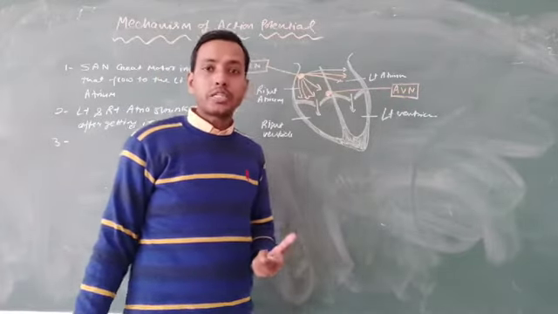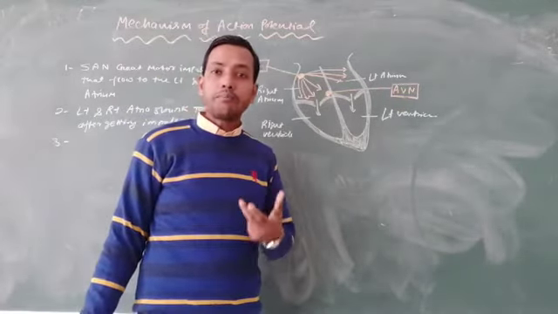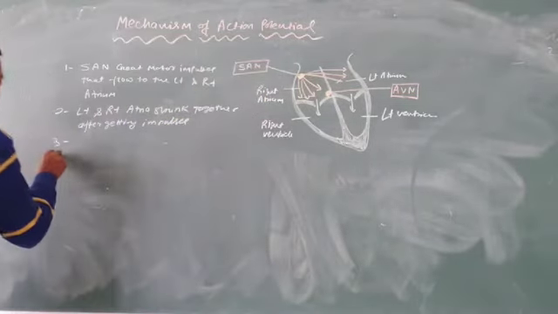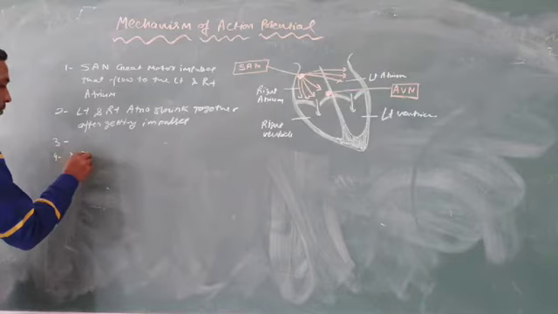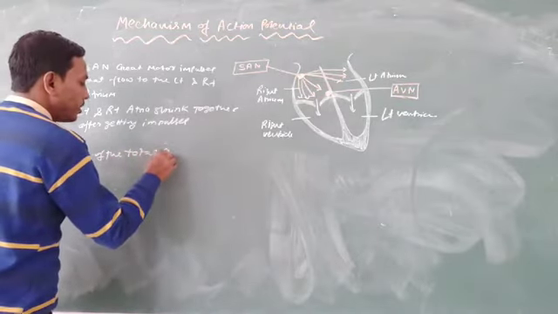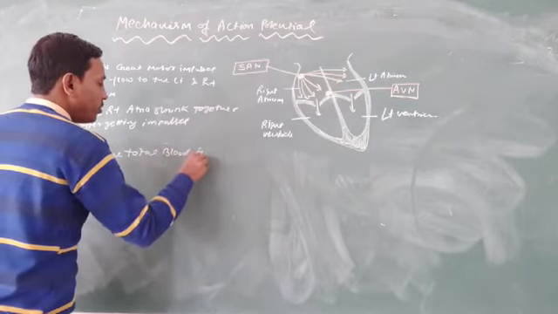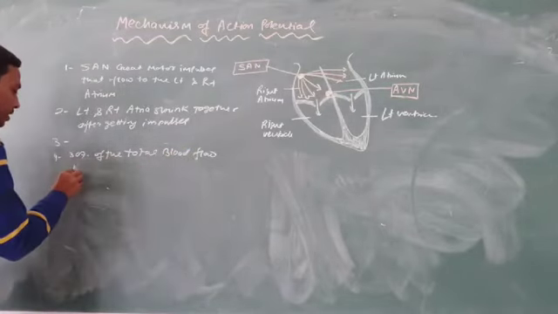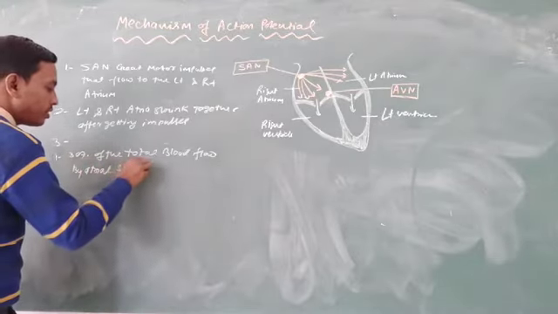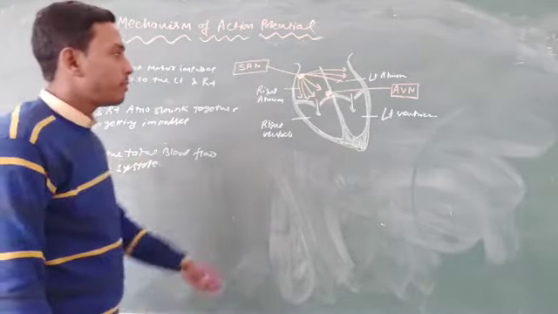During this process, about 30% of the total blood flows by atrial systole. What is atrial systole?